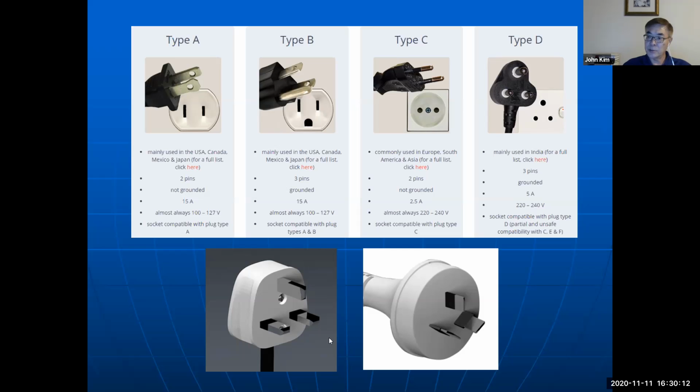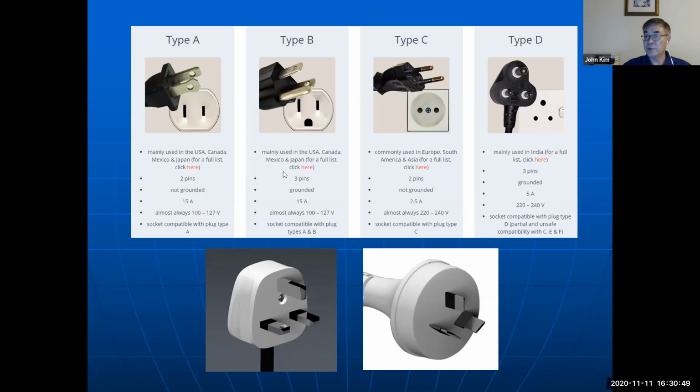Some areas, Pennsylvania usually use gas dryer, but other areas use electric dryer, then many areas use 220. So some appliances, even in the United States, look like this. And then this type, when I went to New Zealand, I saw this type.